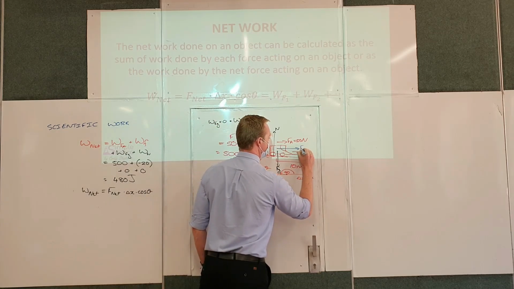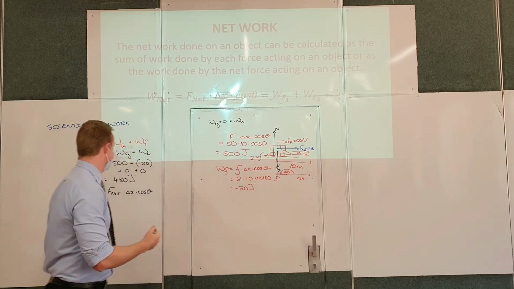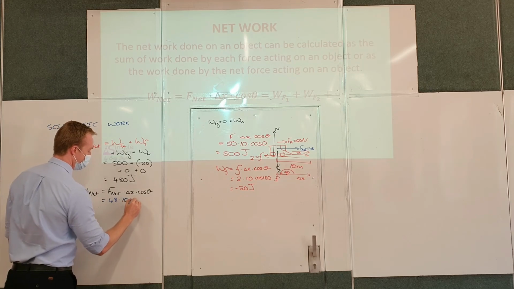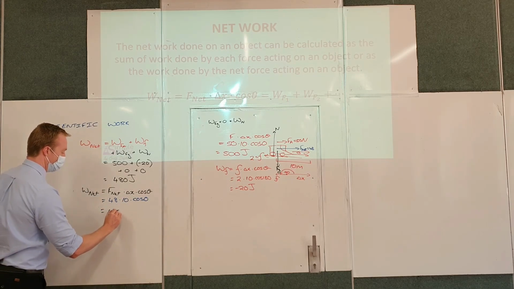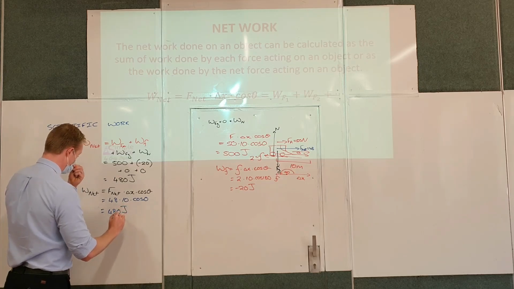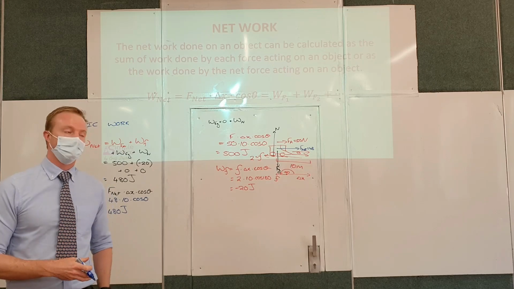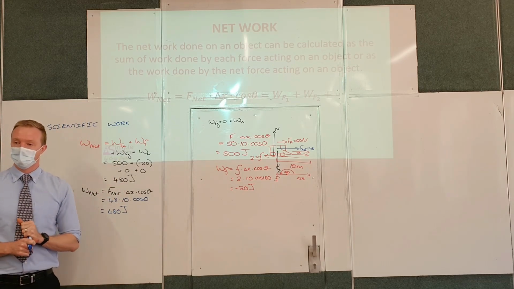Our net force is then 48 newtons to the right. And so we can say our net work is then 48 times that displacement of 10 meters, and the angle between those two is 0, once again, 480 joules. And so either way, we see that we arrive at the same answer using our two different approaches for how to calculate the net work done on an object.